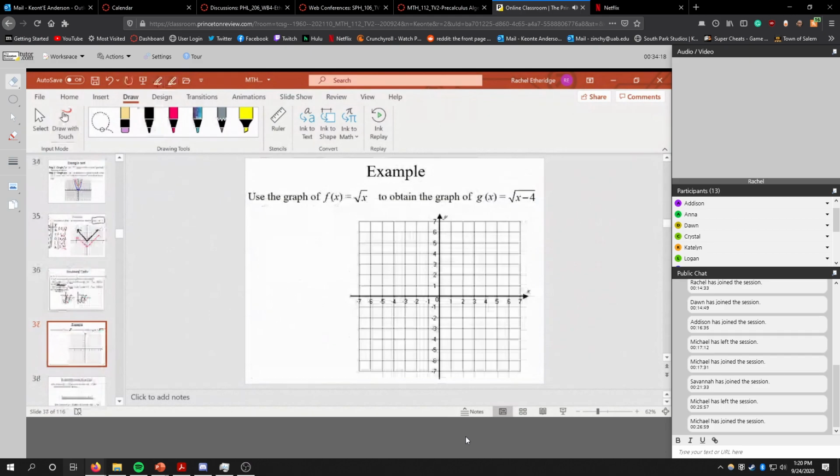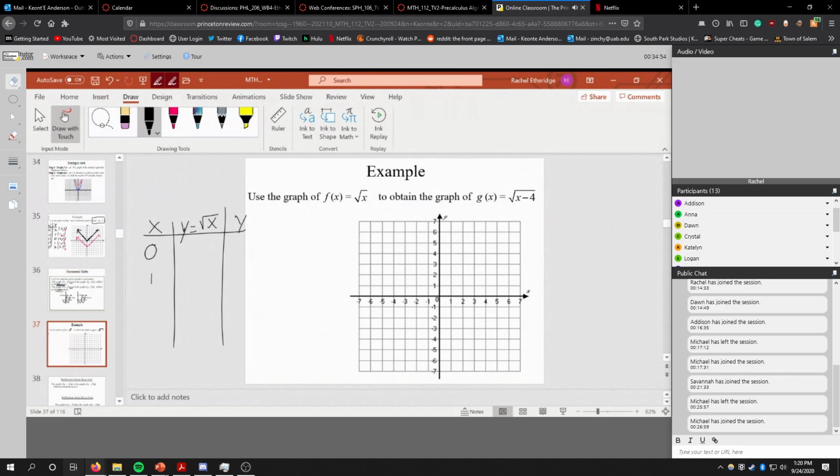So we're going to take a look at this for a second. I'm going to summarize all these translations in just a few minutes, but right now let's take a look at this. I'm going to use my table like I've been doing, with the ordered pairs on the table. This is really the easy way to graph a square root, because square roots get kind of hard since you want to find perfect squares. With the square root of x, I can't go lower than 0.